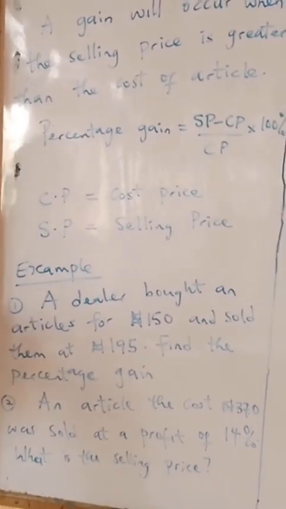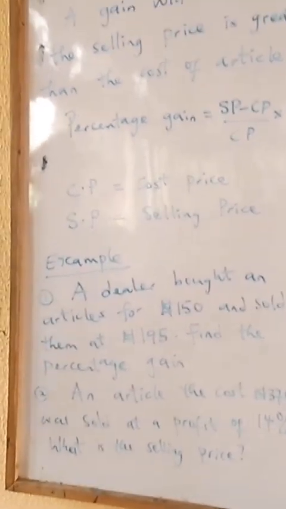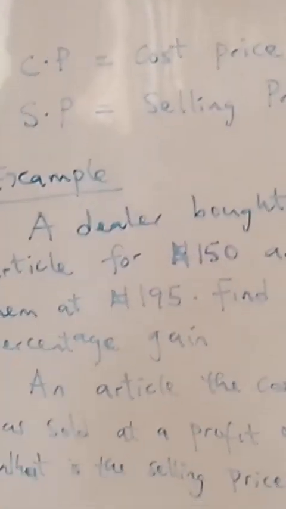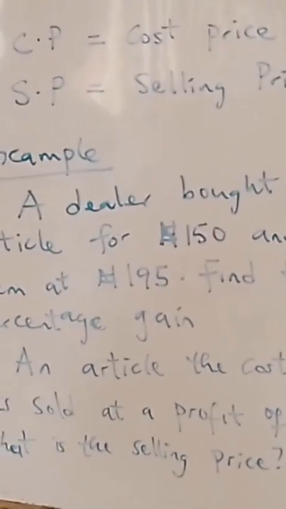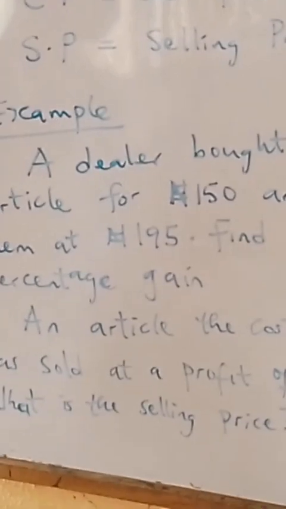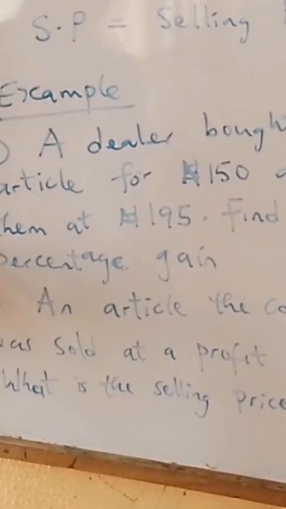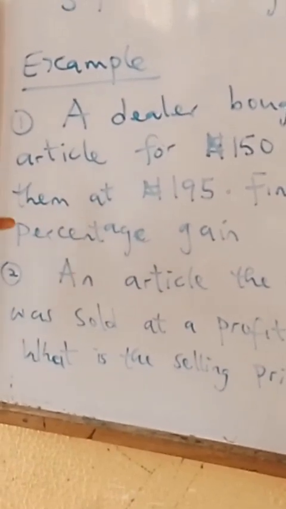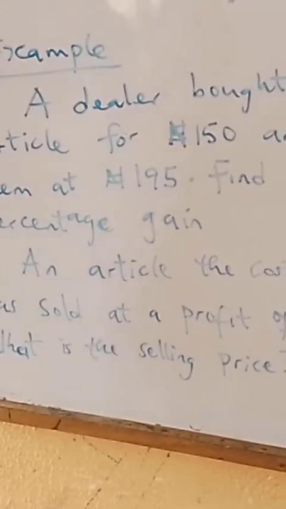Let's solve these two questions. The first question: a dealer bought an article for 150 naira and sold them at 195 naira. Find the percentage gain. This simply shows that the dealer gained because the selling price is more than the cost price.